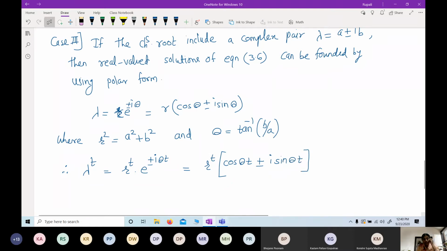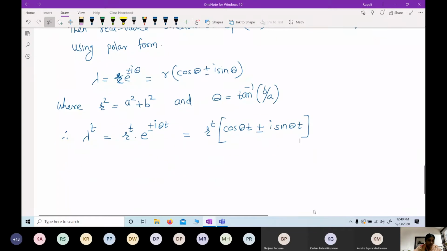So whenever my roots are complex, I can write them in terms of polar form, like r raised to t cos theta t plus or minus i sin theta t.